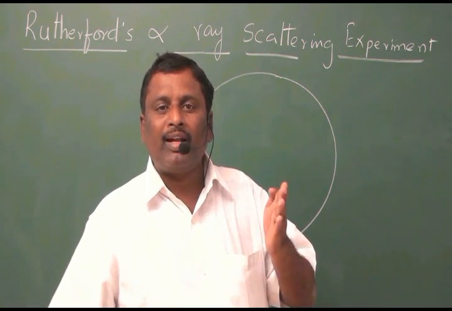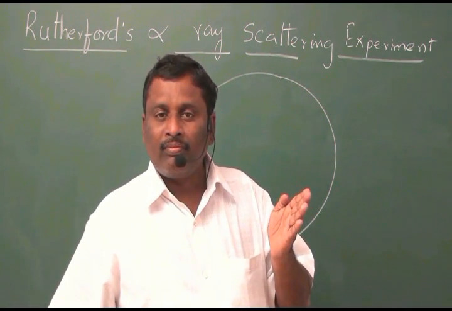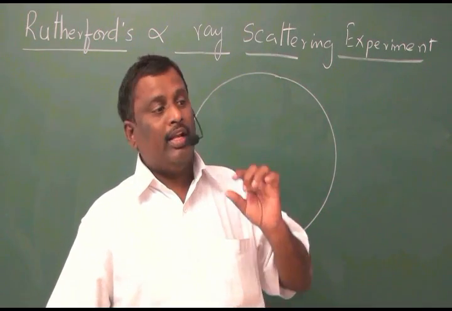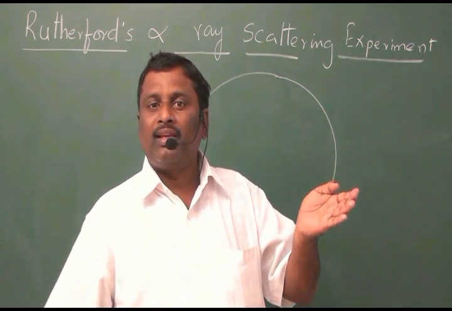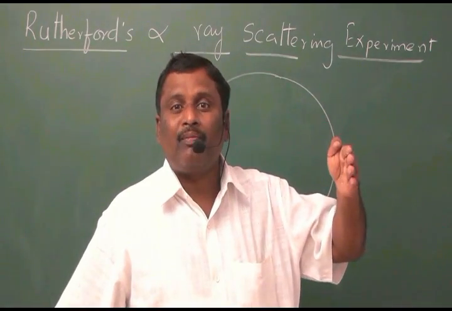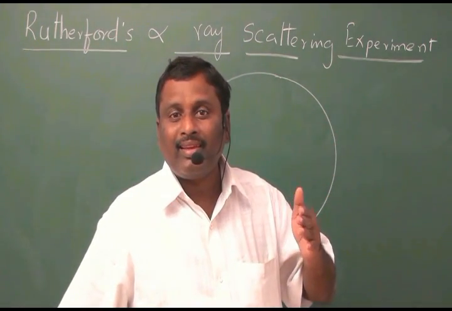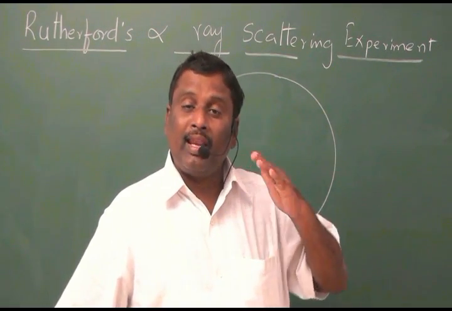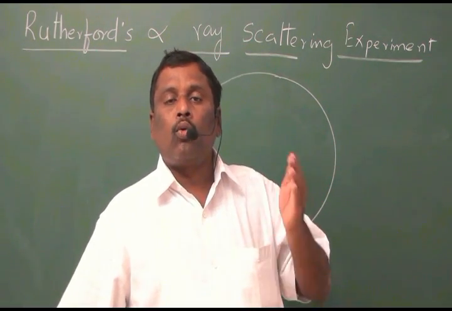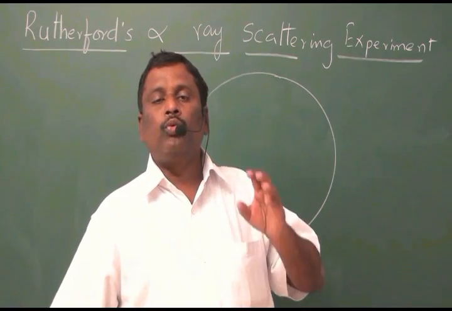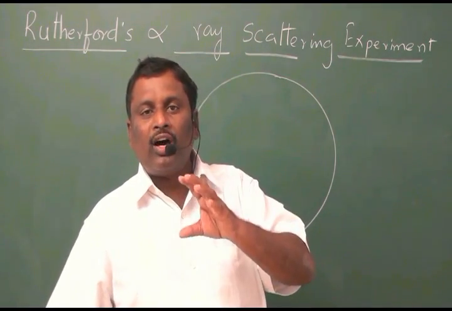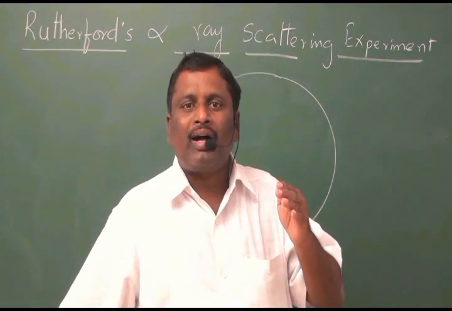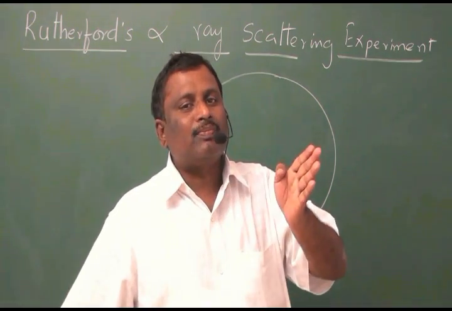Then only can an alpha particle be repelled. Suppose only one proton is present in isolation, it cannot repel an alpha particle; rather, the proton would be repelled. But here the proton is not repelling, the alpha particle is repelling. An alpha particle can be repelled only when a particle with more charge and more mass comes into its path. Then only does it change its path.